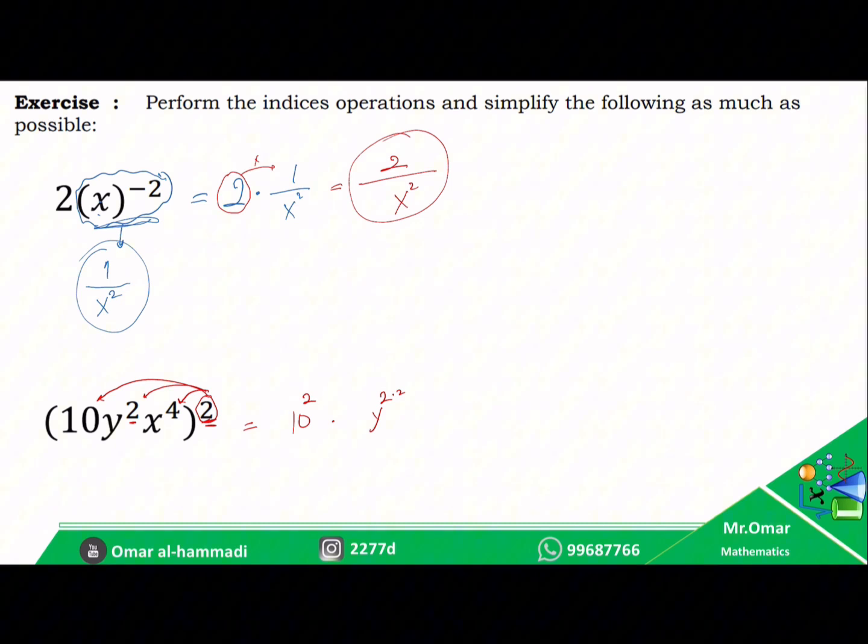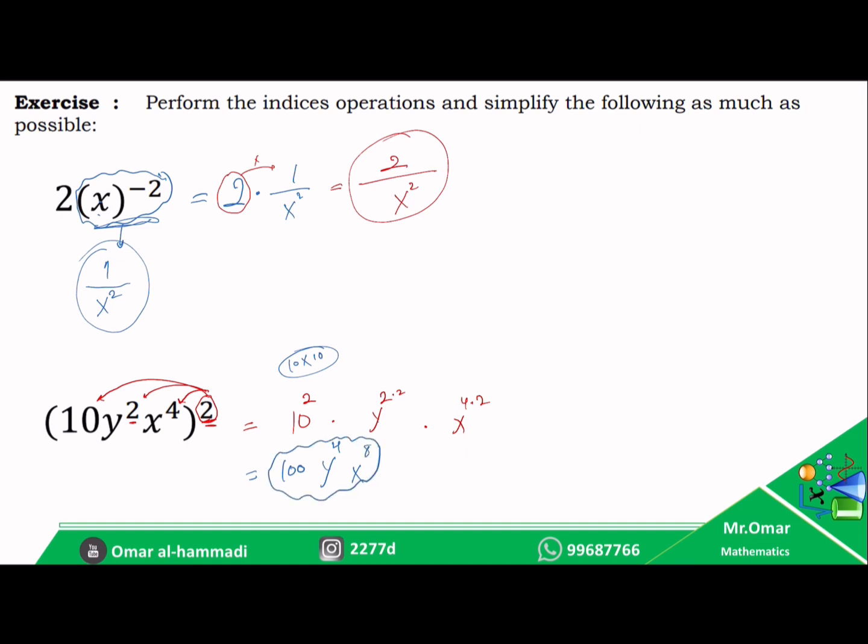And multiply again x to the power 4 multiplied by 2; the power is 2, so just the multiplication here. What do you mean by 10 to the power 2? That means 10 multiplied by 10, 2 times, which is 100. So it will give us here 100. y to the power 2 multiplied by 2 is 4. x to the power 4 multiplied by 2 is 8. So this is the result.